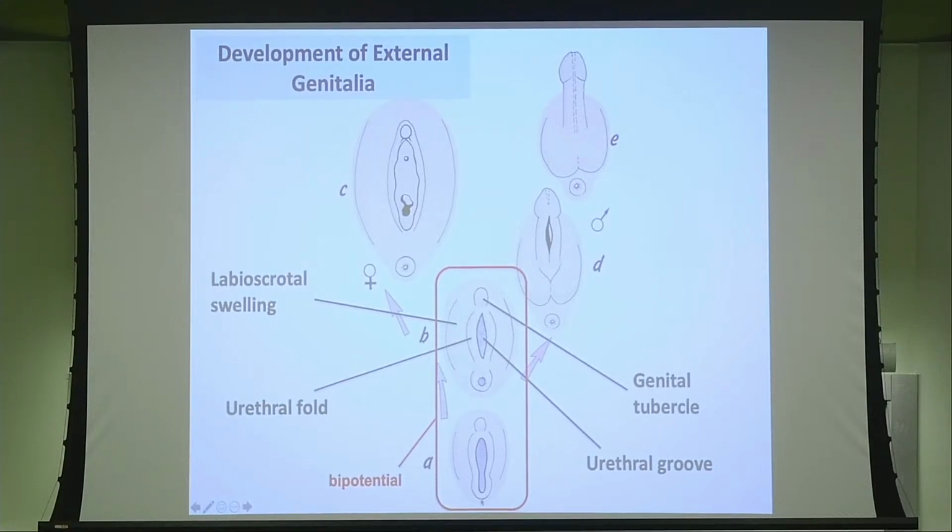What I want you to write next to this box is that they contain androgen receptors. So the external genitalia, when they're bipotential, have androgen receptors. Whether you're XX or XY, it does not matter. Androgen receptors are the receptors for testosterone, or any testosterone-like steroid.